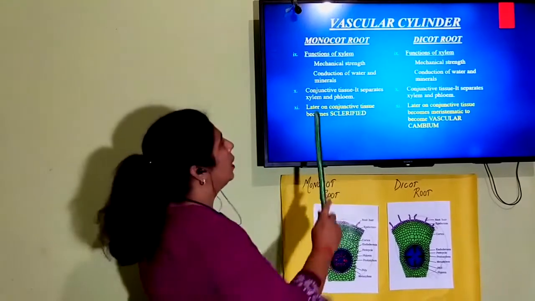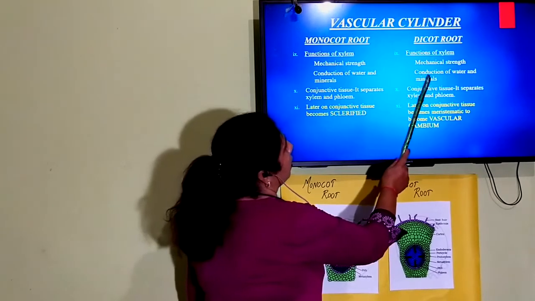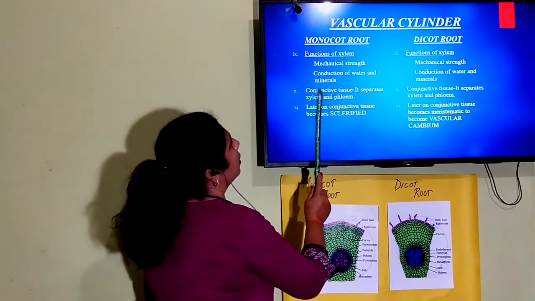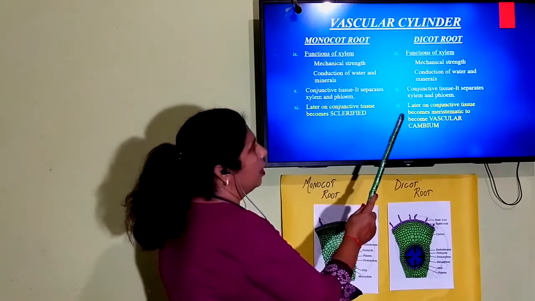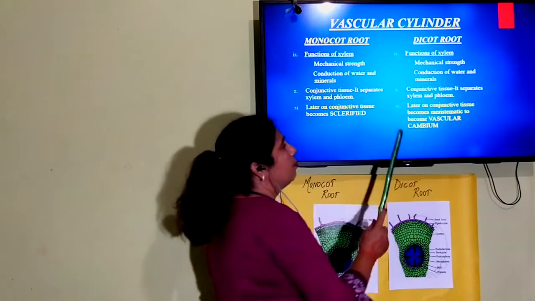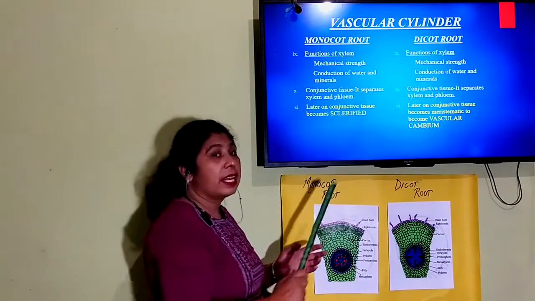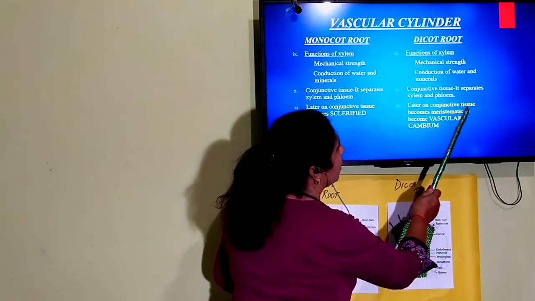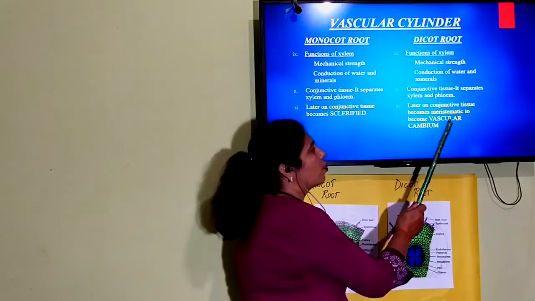Next function is conduction of water and minerals, similar in both. Next point, conjunctive tissue separates the xylem and phloem. But the difference is, later on in monocots the conjunctive tissue becomes sclerified, and here in dicots it becomes meristematic and becomes the vascular cambium.